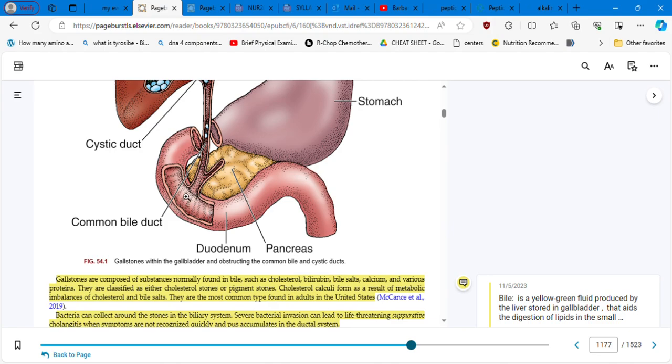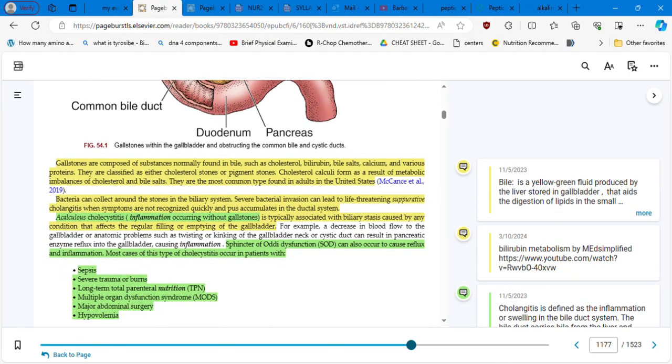The same way we have the lower esophageal sphincter between the esophagus and the stomach, the sphincter of Oddi here plays a role between the common bile duct and the entrance to the duodenum. Okay, so gallstones are composed of substances normally found in bile, right? Such as cholesterol, bilirubin, bile salts, calcium, and various proteins.